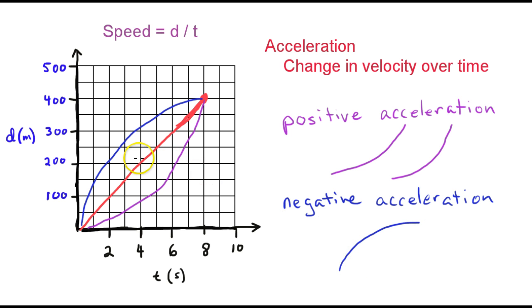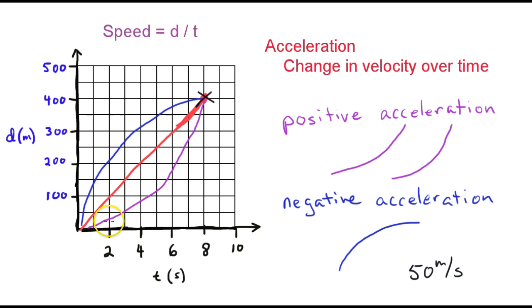Going back to that first video, whether it would be the blue or the purple or even the red, they all ended up in the same place in the same amount of time. So regardless of how it got there, its average speed would have been, like we said before, 50 meters per second.